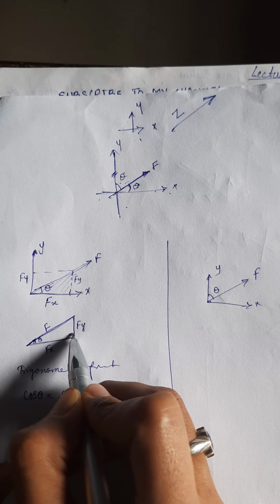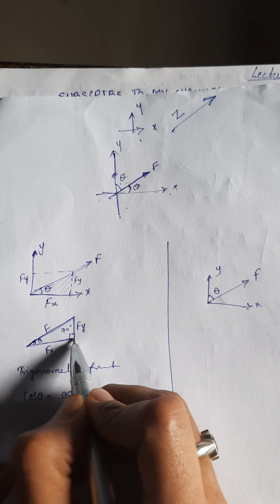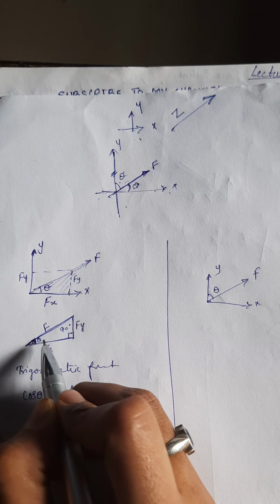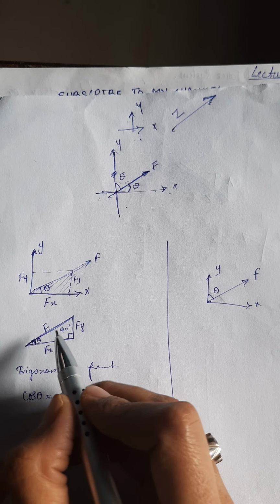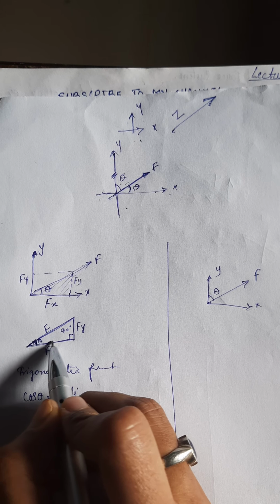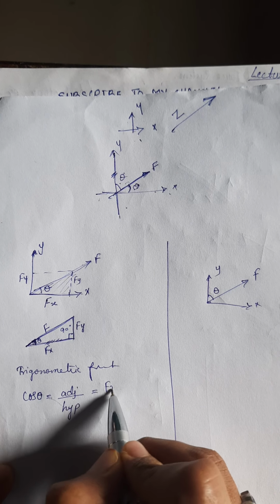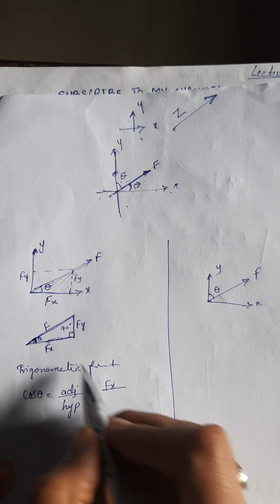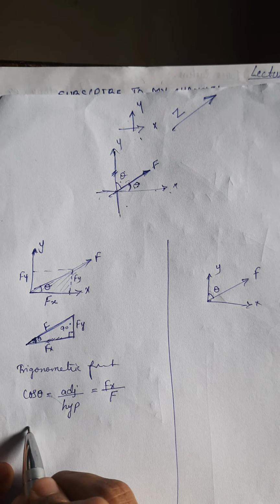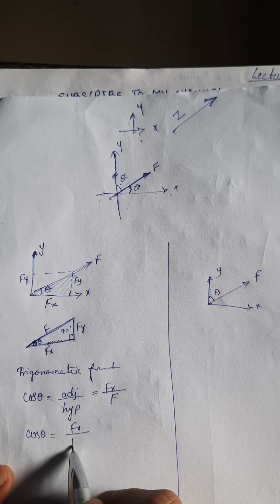This is a right angle triangle, and this is 90 degrees. We are not concerned with this angle right now. We have to take into concern this angle theta, and the adjacent side of theta is this side, F of x. So adjacent is F of x and the hypotenuse is F. So cos theta equals F of x by F.